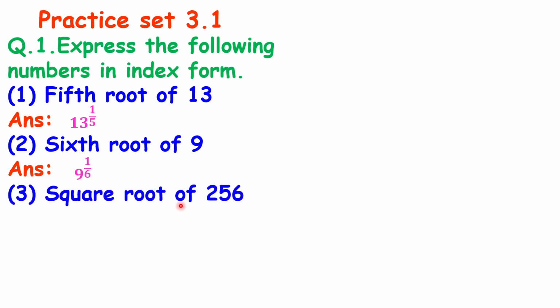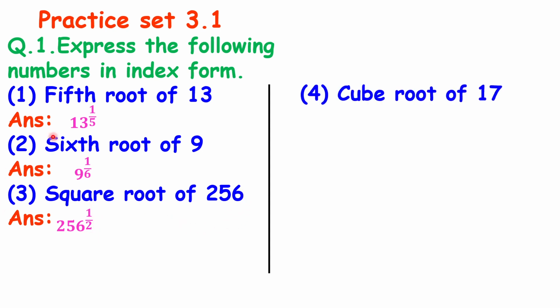Example 3, square root of 256. Here 256 is base and square root means square means 2. 2 is the denominator of the index. So answer is 256 raised to 1 upon 2. Example 4. Read carefully. Cube root of 17.